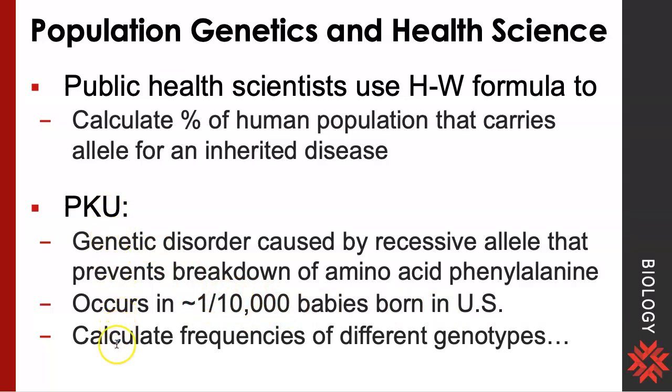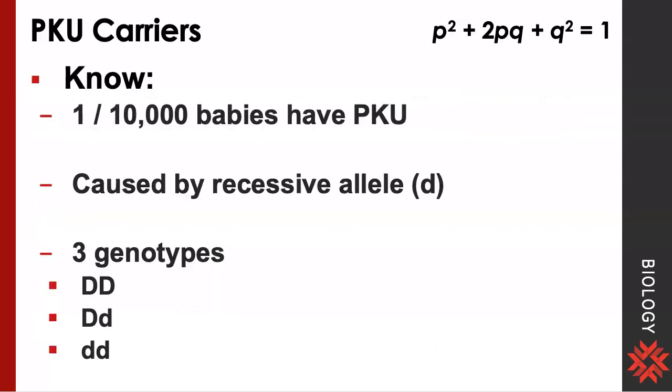So from that information, it's saying calculate the frequencies of the different genotypes. And in particular, public health scientists often use this equation to figure out the proportion of the population that are going to be carriers for a particular disease. So based on what is given here, let's try to write out what we know.